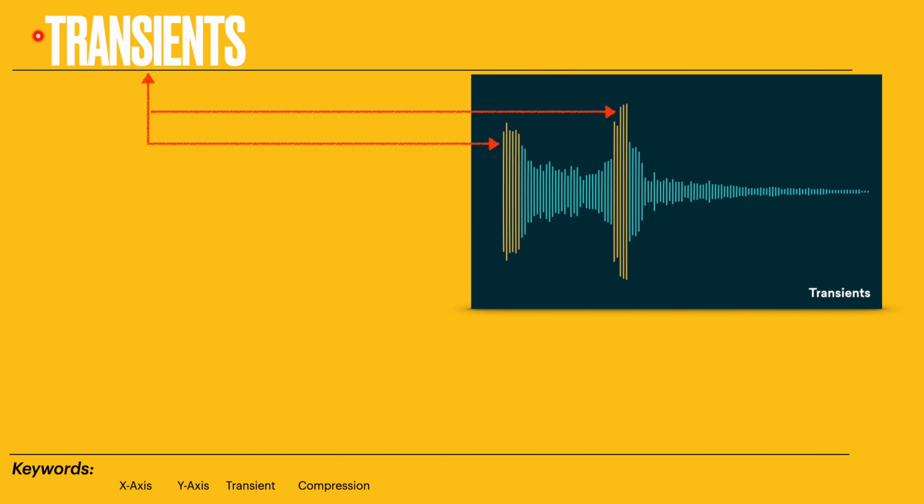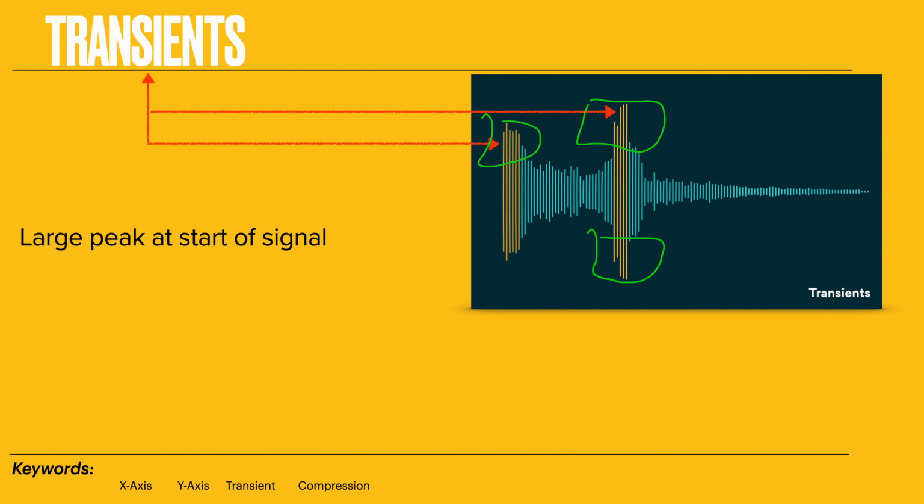So, transients. I've mentioned transients in my classes a few times, and what I want to do is go into detail about what exactly this is. A transient really is this large peak here. And you can always tell a transient because it peaks on the y-axis and then goes down. As I mentioned here, it's of a short duration.